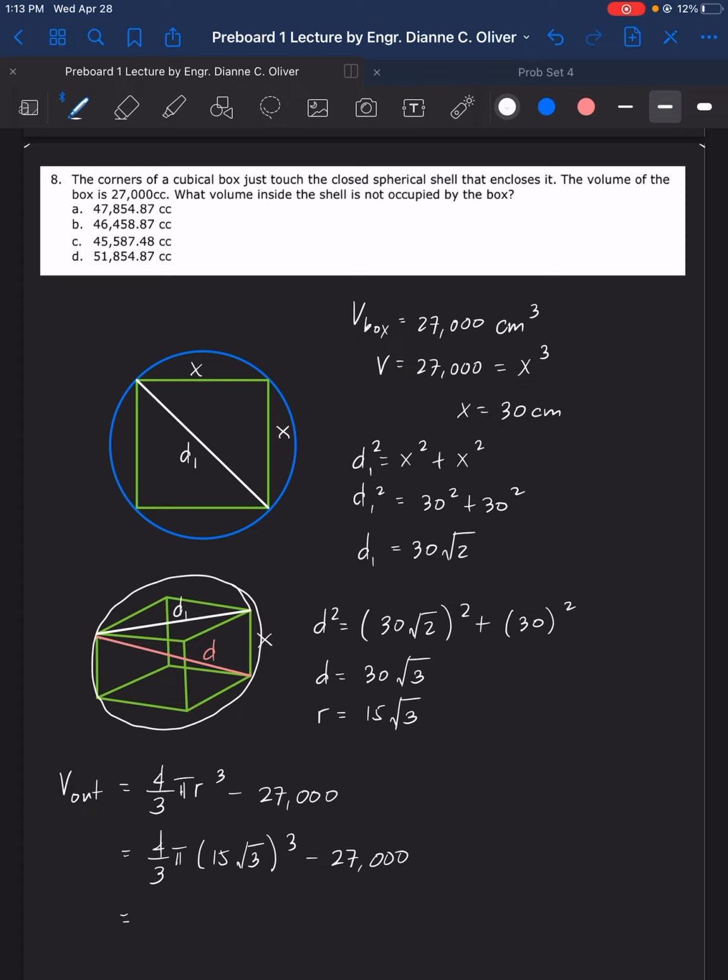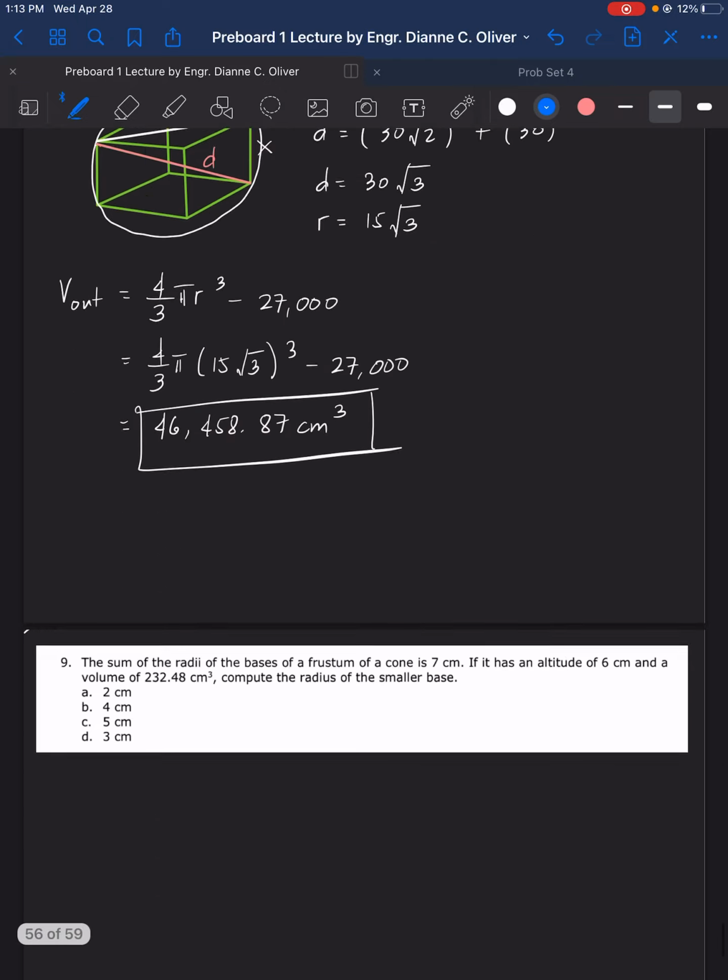So volume outside the box is 46,458.87 cubic centimeters. And from the choices, that is letter B, 46,458.87 cubic centimeters. Okay. Now let's go to number 9.